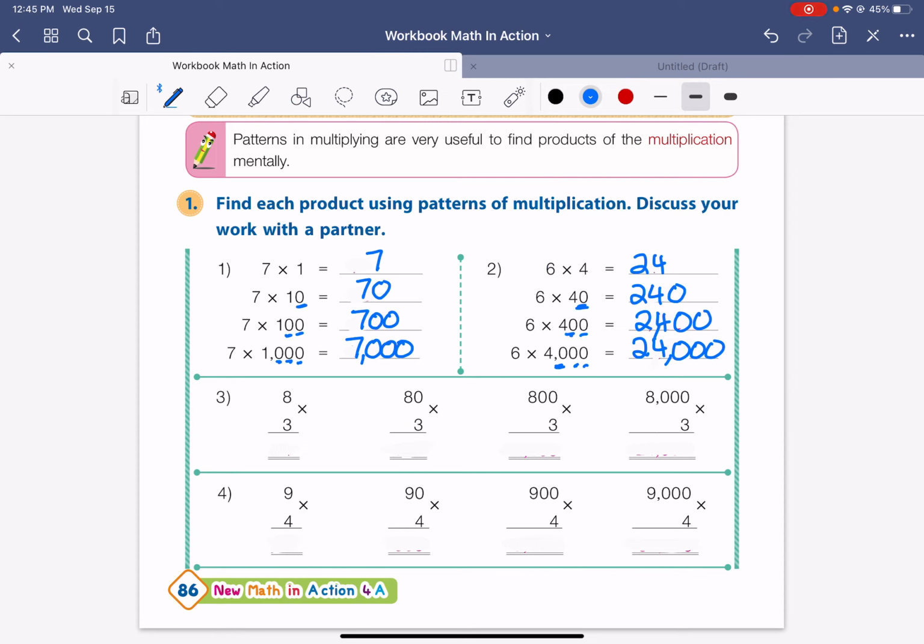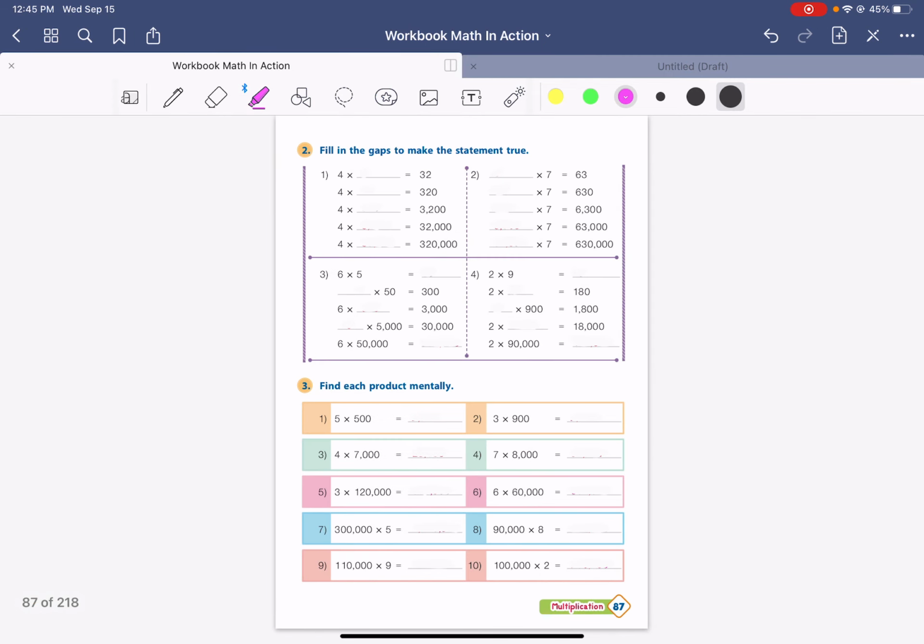Perfect. So I'm assuming we can do 3, 4 ourselves. We can probably do 1, 2, 3, 4 ourselves for homework.